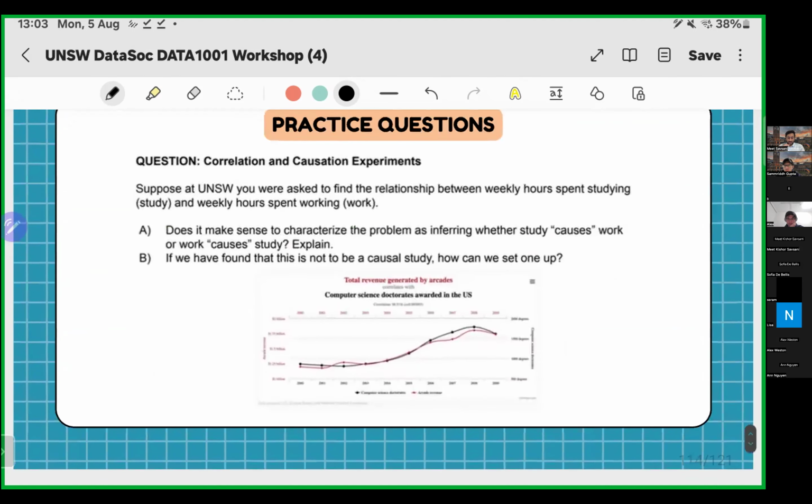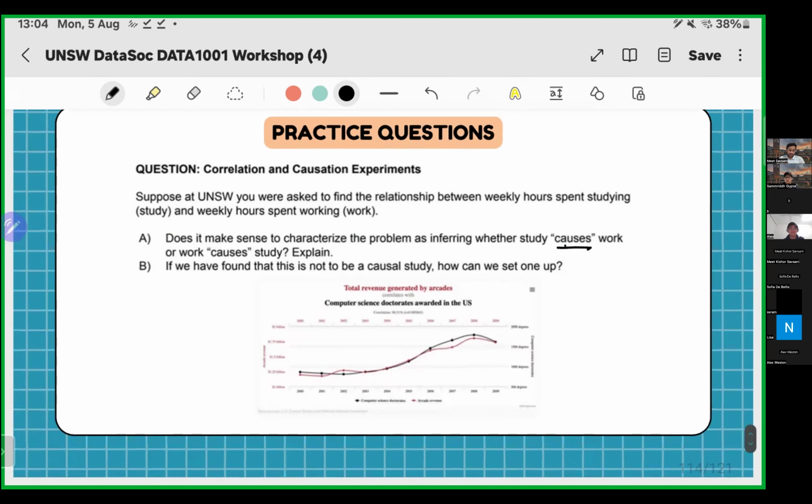Another question. Suppose at UNSW you were asked to find the relationship between weekly hours spent studying and weekly hours spent working. Does it make sense to characterize the problem as inferring whether study causes work or work causes study?